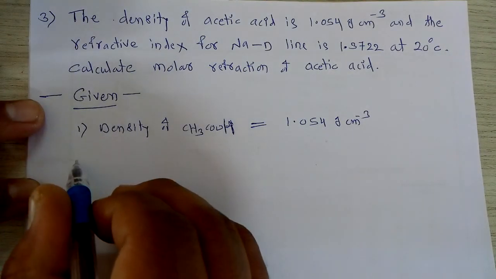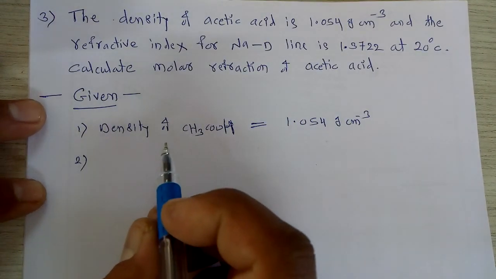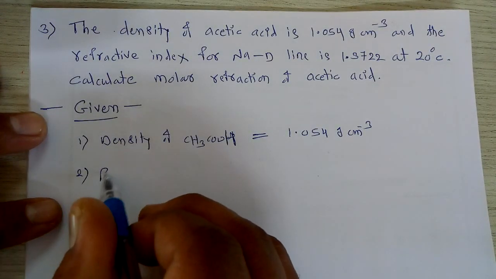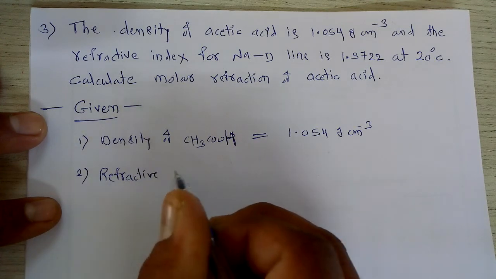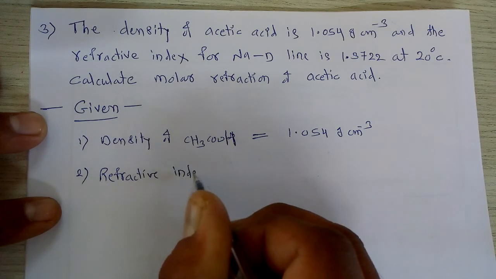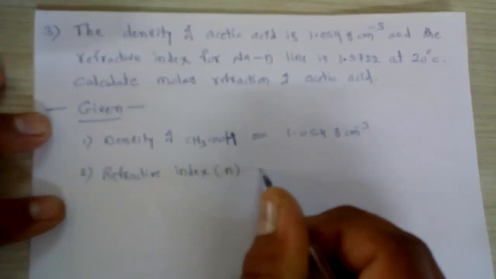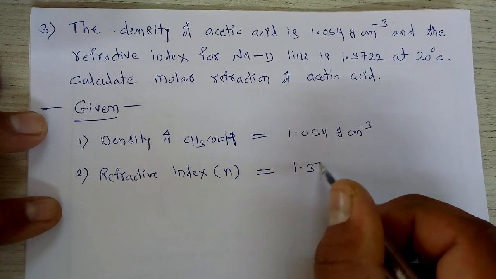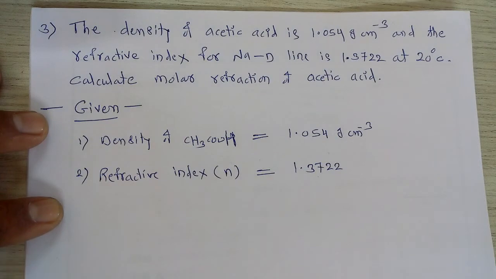The second parameter given in this numerical is the refractive index. Refractive index, that is nothing but our value of small n, is equal to 1.3722 at 20 degree centigrade.